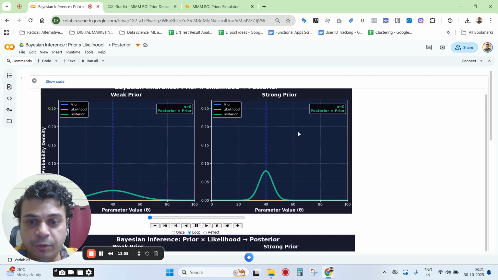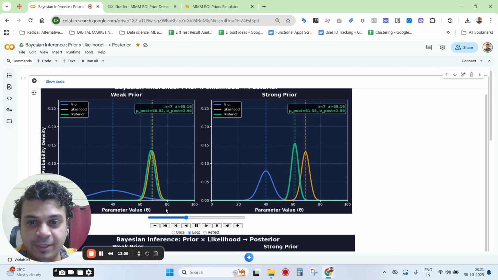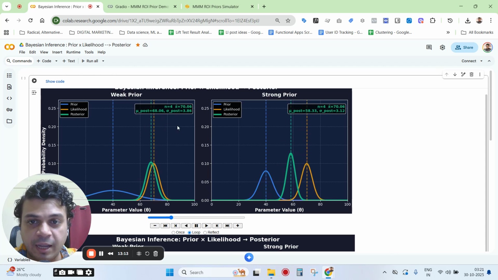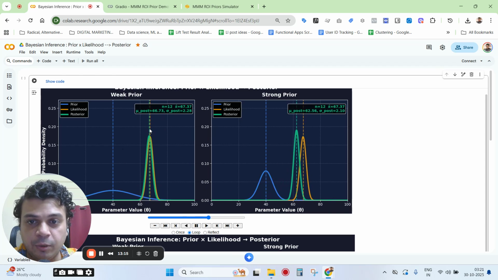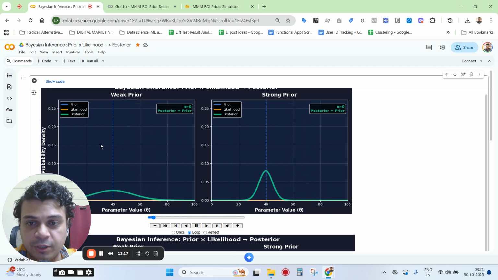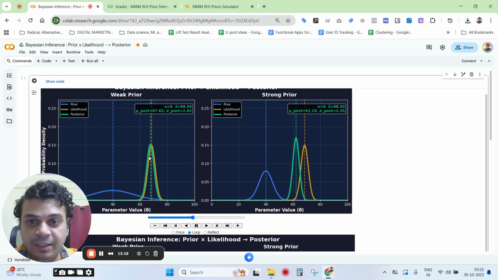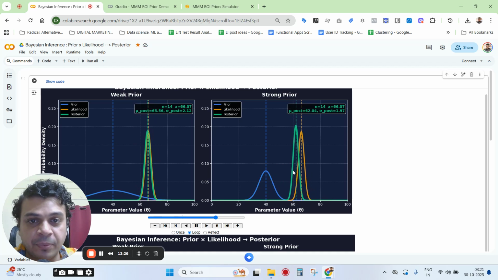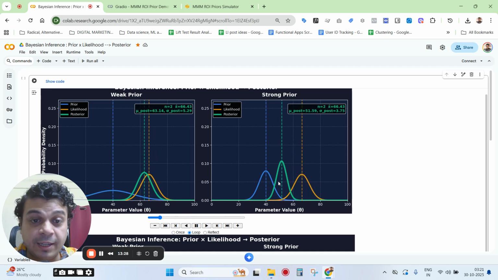If I were to actually run this animation here for you, I hope you can see this, it nicely shows the same thing, how as the data points gather, the distributions actually converge. In this case, they converge almost neatly and perfectly, because the prior is weaker. But in the stronger case, you'll see that it is actually pulling towards it, and that's the problem.